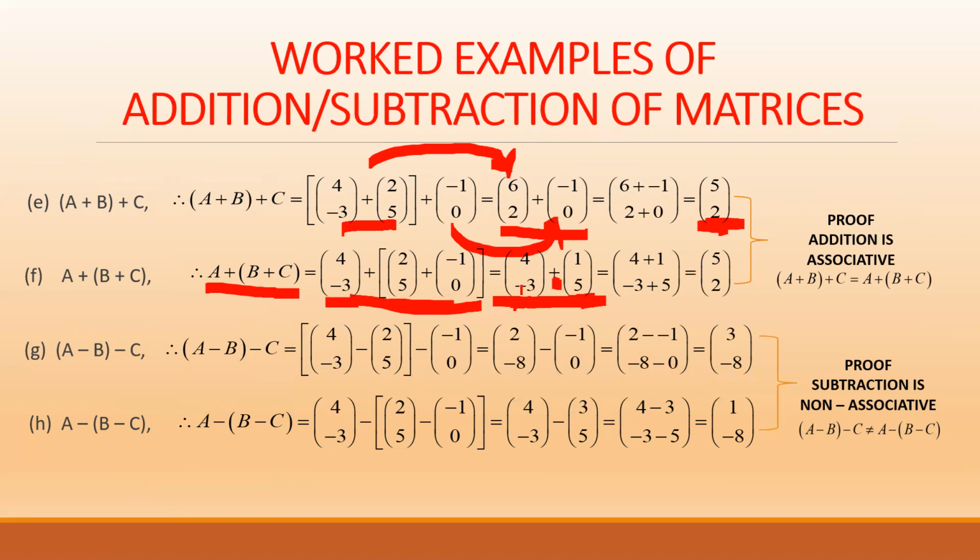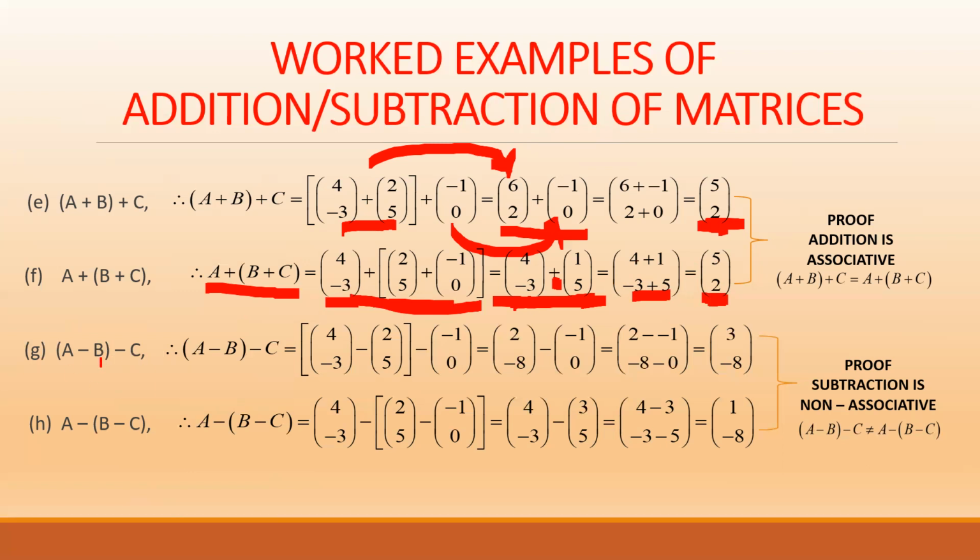And for the other elements, it would be -3 plus 5, which means that we're going to subtract because the signs are different. So we're going to subtract, keep the sign of the bigger absolute value. And when we do that, we get 2, right? 3 from 5 is 2, and 5 is the bigger absolute number here. So we keep the sign, which is a plus, so we get +2. So that's how we end up getting this here, guys. Okay, 5, 2.